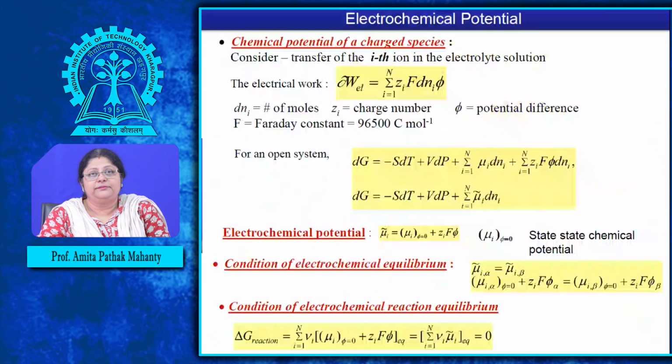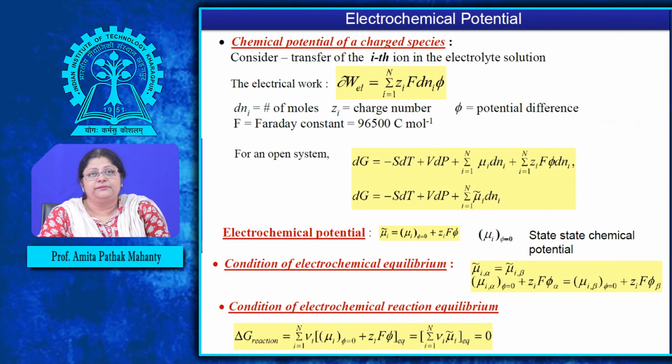So if that is the condition, this E is the potential difference E which we had taken, and this is the total number of moles which is getting changed, and Zi into F. This is what we have just now derived as an expression for the electrical work done. Electrical work done is the total number of charge into the potential difference.